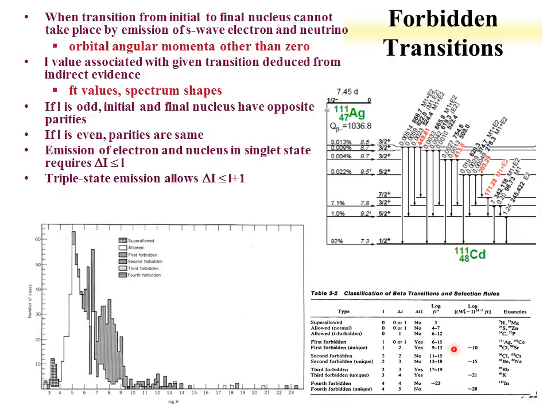That'll fall into a first forbidden transition. Here's an example of a list of radioactive isotopes with their transition classifications and the log ft values. As you see, there's a vast majority which are allowed transitions, and then some first forbidden and very few higher forbidden transitions.